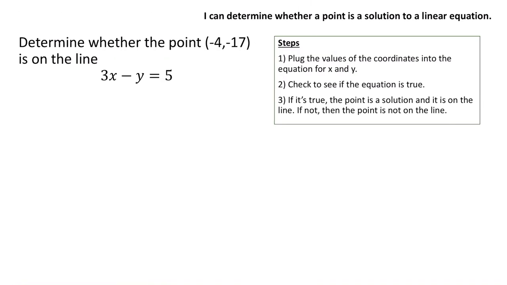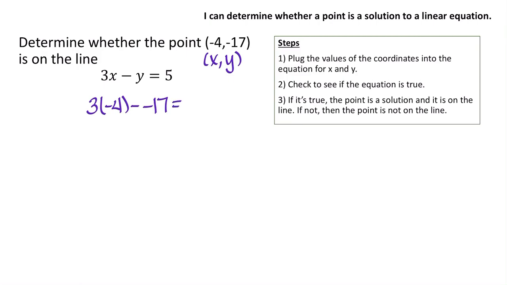Now let's determine whether the point (-4, -17) is on the line 3x - y = 5. Remember, we're going to start off by labeling this point, because although we're not given the graph, we can plug in and determine whether this point makes the equation true. When I plug in for x, I get 3 times -4 minus y, which is -17. Remember to be careful and keep up with those subtraction and negative signs.